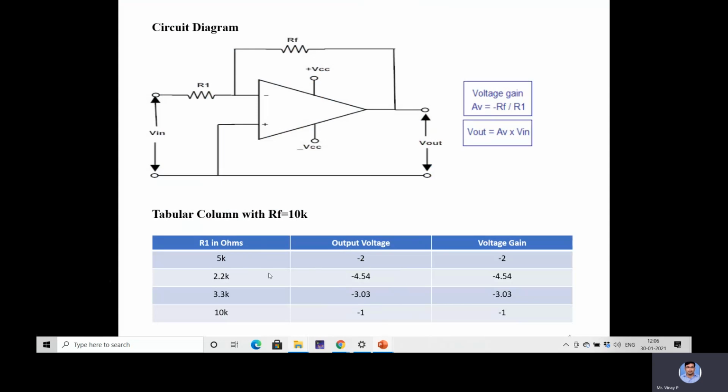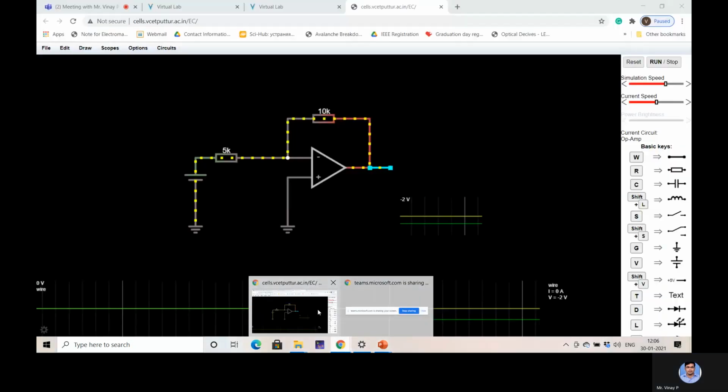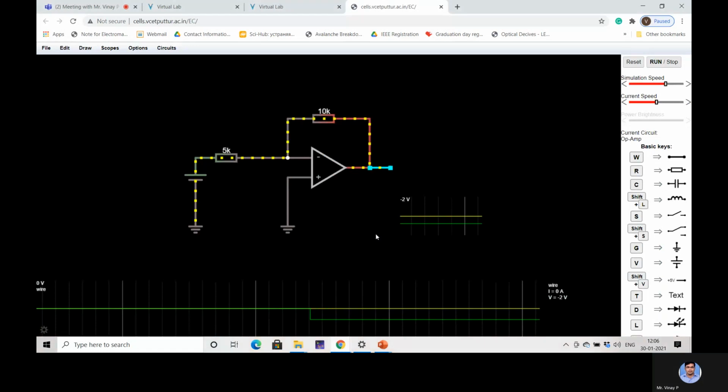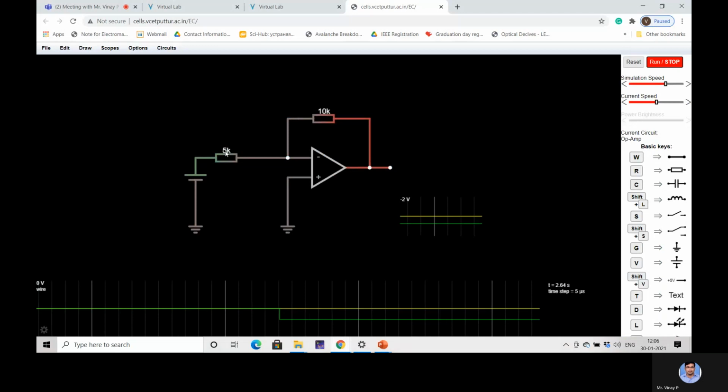Similarly, if I change the value of R1 from 5 kilo ohm to 2.2 kilo, then I should get an output voltage of minus 4.54. So I'll make that change in the circuit. I'll change this to 2.2 kilo, with the feedback resistance at 10 kilo.